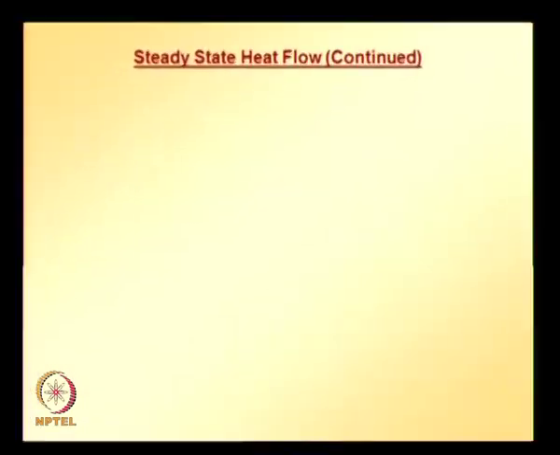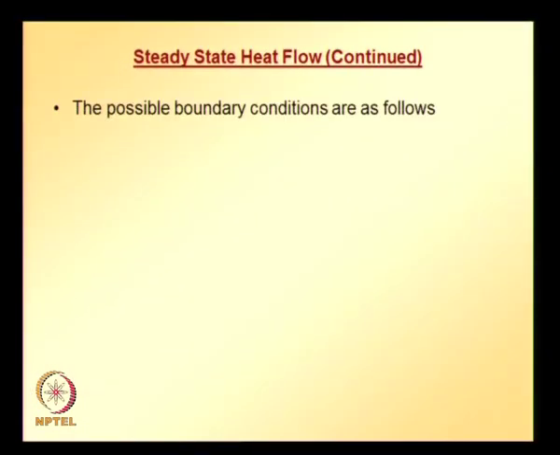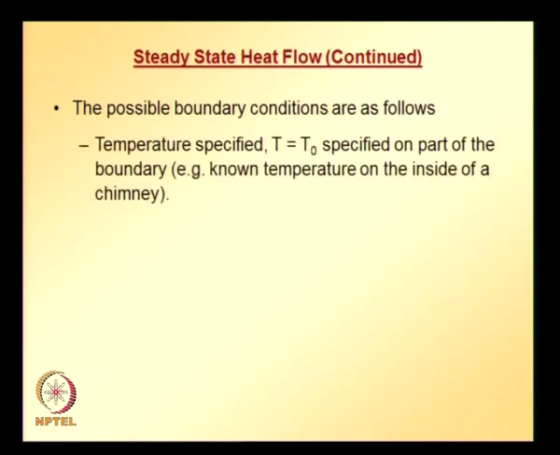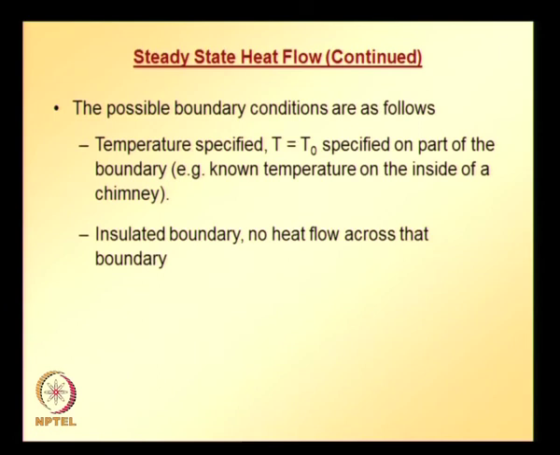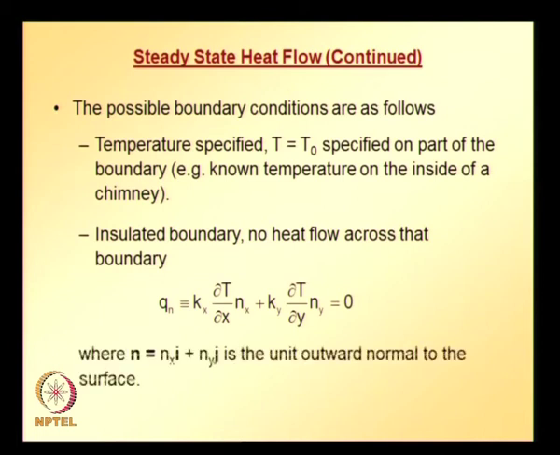and the boundary conditions are as follows: temperature specified on a part of boundary, insulated boundary, no heat flow across the boundary. In that case, Qn, where n is the outward normal to the surface, nx and ny are the components of outward normal to the surface.